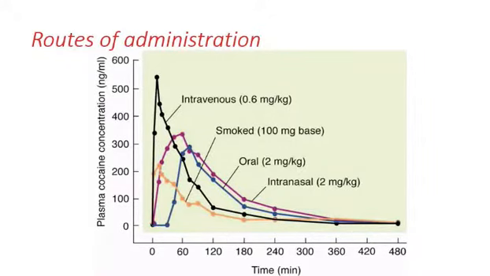This is just a diagram showing the different peaks and concentrations of cocaine in the brain, actually the plasma concentration roughly, for intravenous, smoking, oral route, and intranasal route.